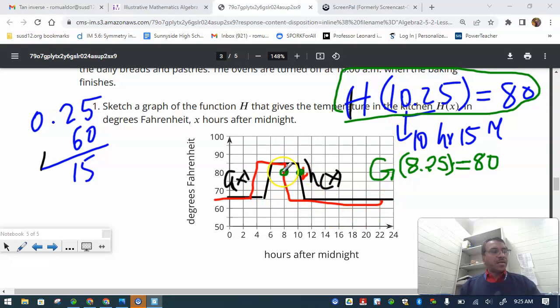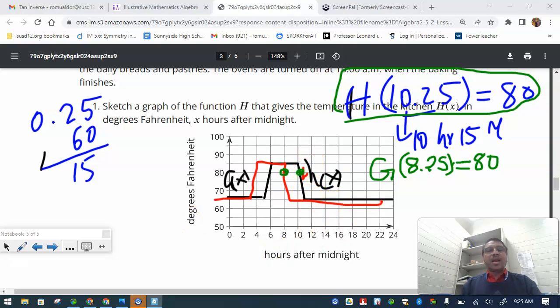we explain this. So again, I say this: when the bakery opens 2 hours earlier, the temperature inside the kitchen at any time x will be the same as the temperature inside the kitchen for the h function, the black one, 2 hours later.